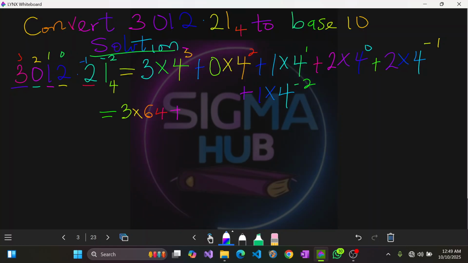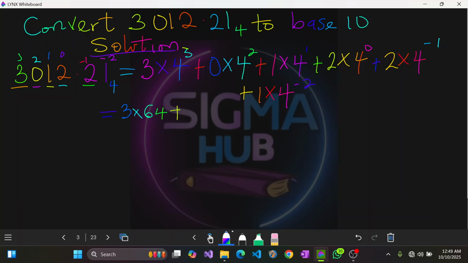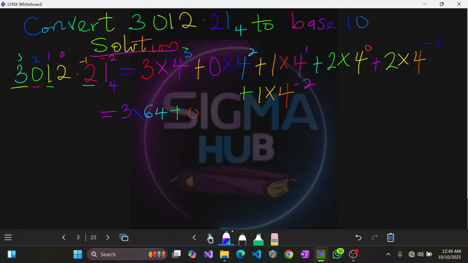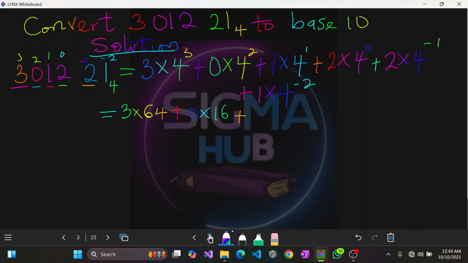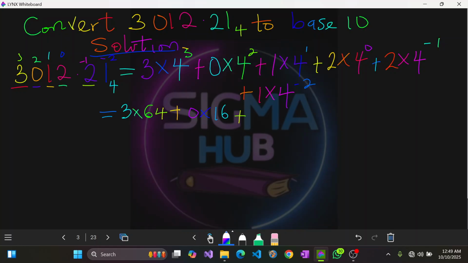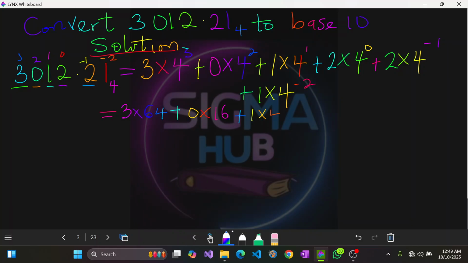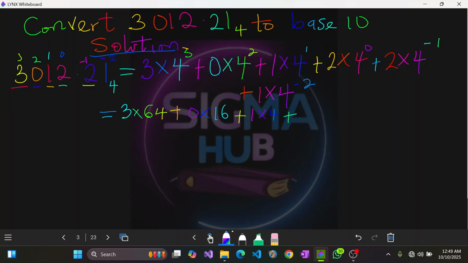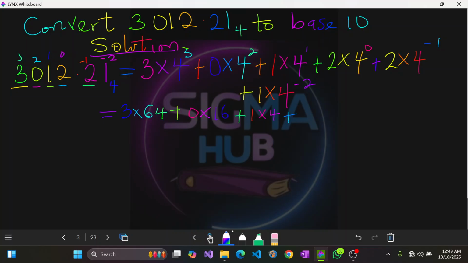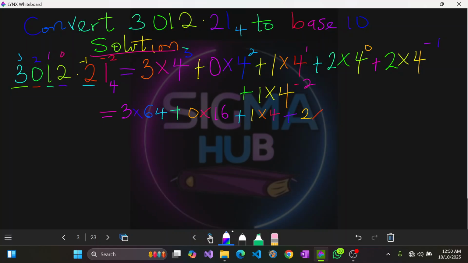So that's 0 times 16 plus 1 times 4 raised to power of 1, which is 4. So we have 1 times 4. Then plus 4 raised to power 0 is 1, so 2 times 1.